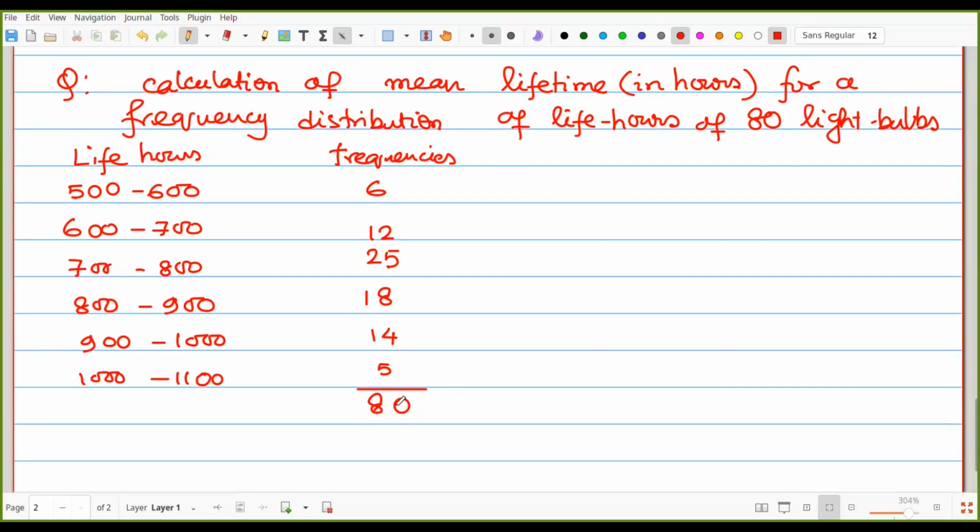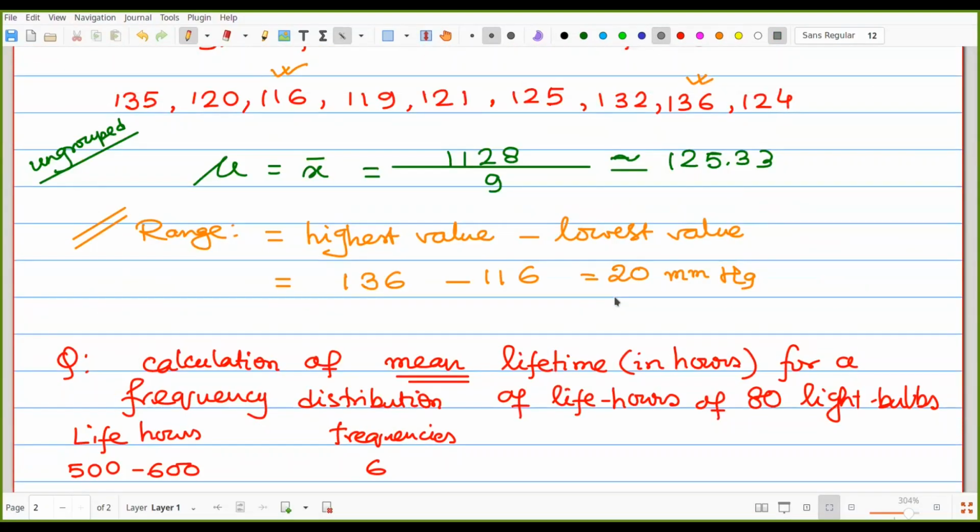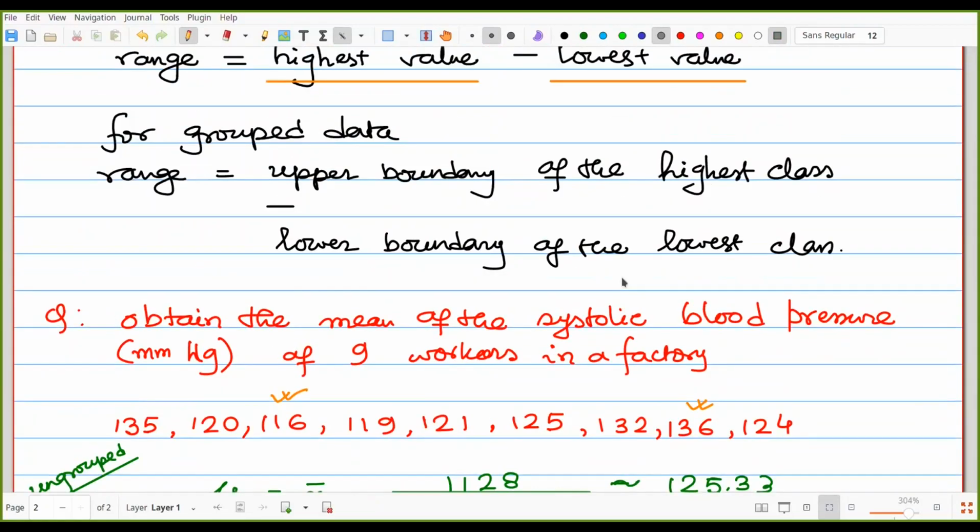Now if we have to find out the mean lifetime, that means we have to calculate more ways: what should be the median, what should be the mean, what should be the other types of average. But for range, we have to think about the lower boundary of the lowest class and the upper boundary of the highest class.